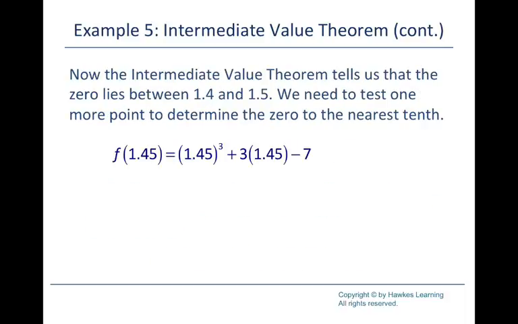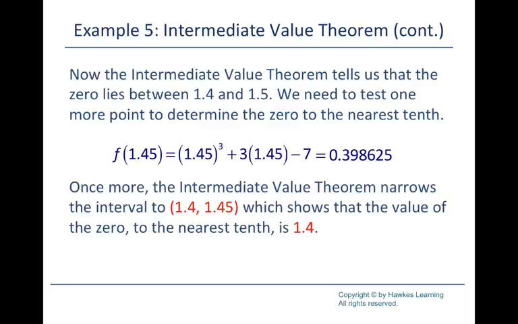If we put in 1.45, because we went negative with 1.4, we get 0.398. So it's closer to 1.4 than to 1.45, but it's somewhere between 1.4 and 1.45. To the nearest tenth, negative 0.05 at 1.4 is pretty close.